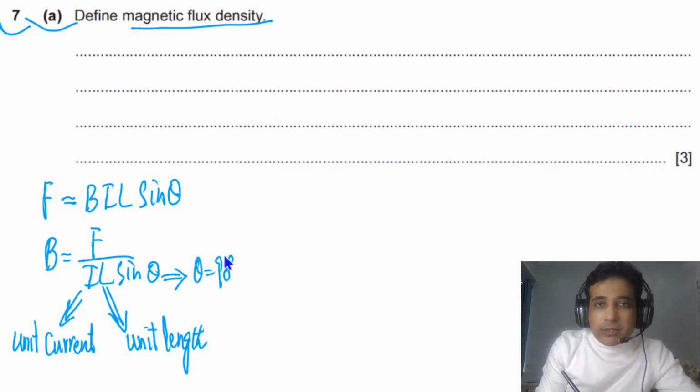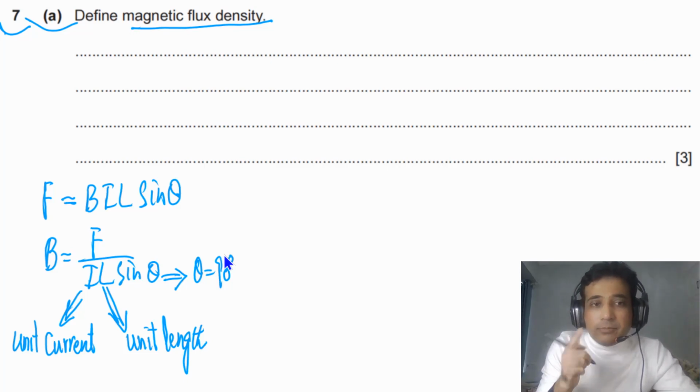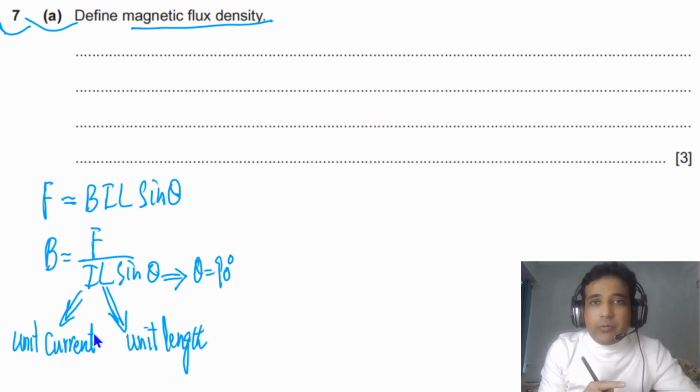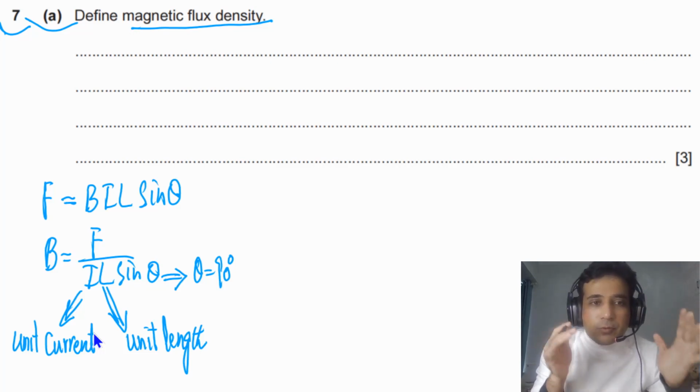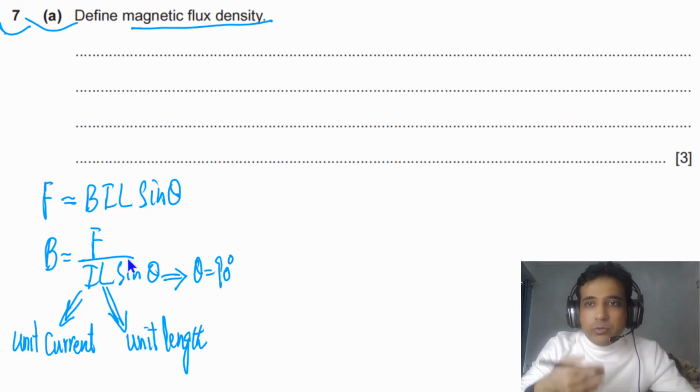If conductor is placed at 90 degrees to the field, or simply you can say if the angle between current and the field is 90 degrees, then the force experienced by a wire of unit length with unit current passing through the wire, that force will be equal to magnetic flux density in magnitude. So this is what you need to understand. So simply you can write down in this form and then you can write down your proper answer.